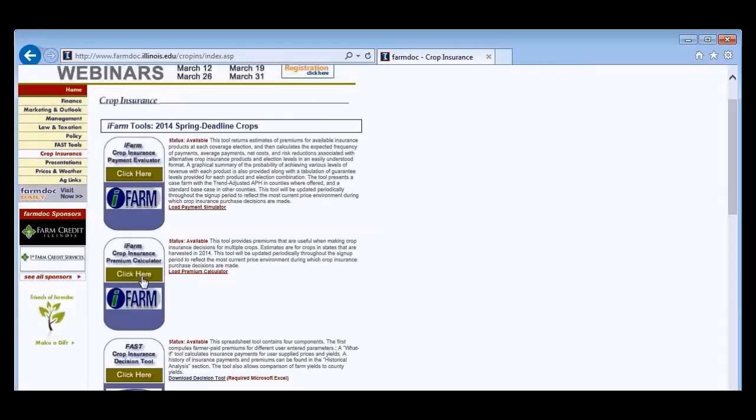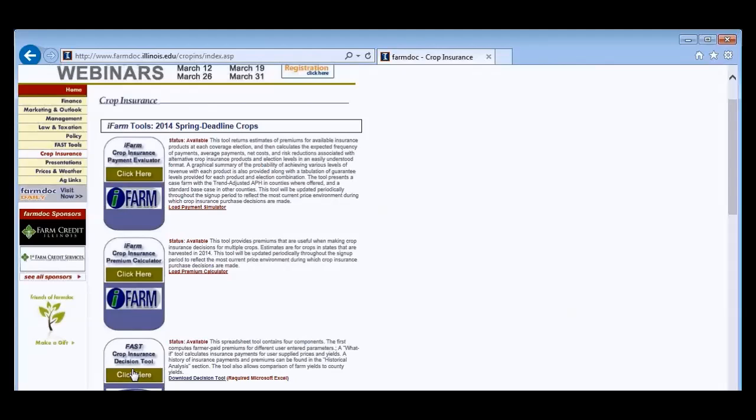For APH yields, you can get online quotes. And then right here is our crop insurance decision tool, which is a downloadable decision tool. If you click here, you can download it, and it's a Microsoft Excel tool. It requires, obviously, Microsoft Excel. You download it, it's available right there.